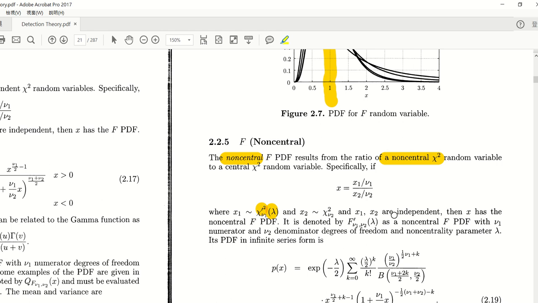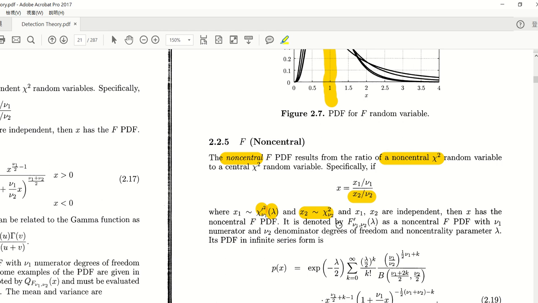I have to make a correction here. x2 is central chi-square, as you see here. The non-centrality exists for x1, and x2 is the ordinary chi-square. And then x1 and x2 are independent, and x has the non-central F PDF.